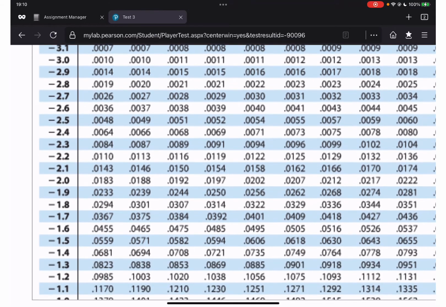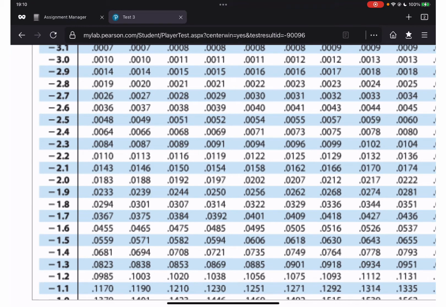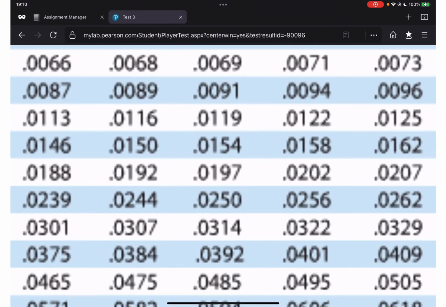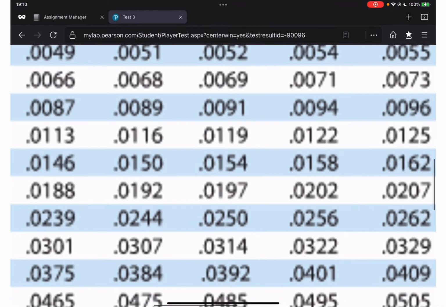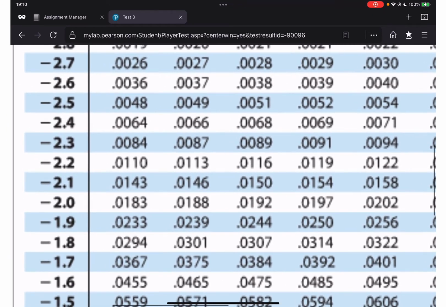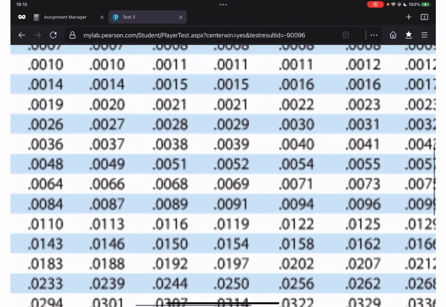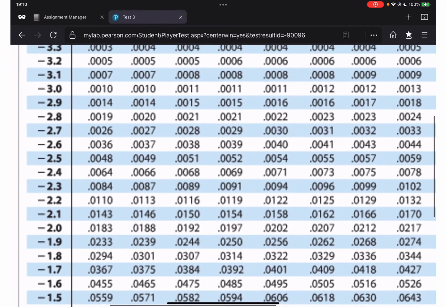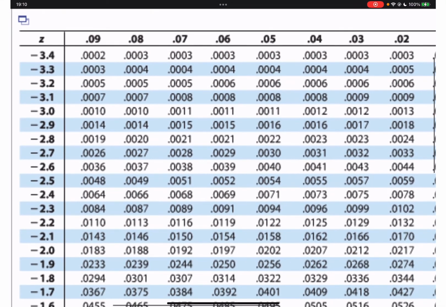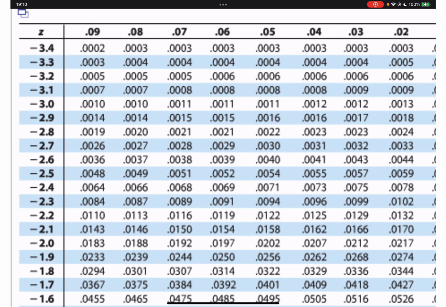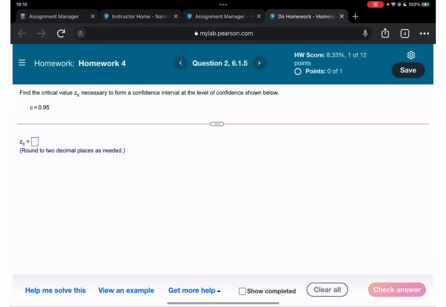So the number, this score, I put it there, it was correct. Negative 1.96. I'm zooming so you can see well, 0.025. So if I come by this blue shaded frame, I'm coming to negative 1.9. And from 0.025, if I go up, I'm hitting here 0.06. So it's going to be negative 1.96. So I'm going to place it here.